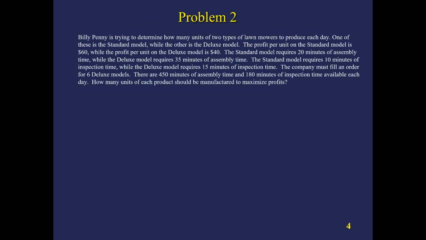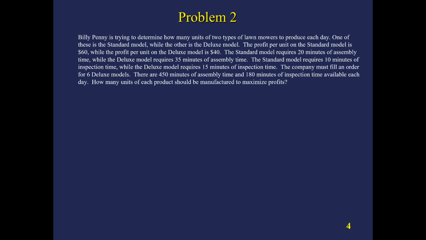Here's another problem. Billy Penny is trying to determine how many units of two types of lawn mowers to produce each day. One is the standard model, while the other is the deluxe model. The profit per unit on the standard model is $60, while on the deluxe model it is $40.